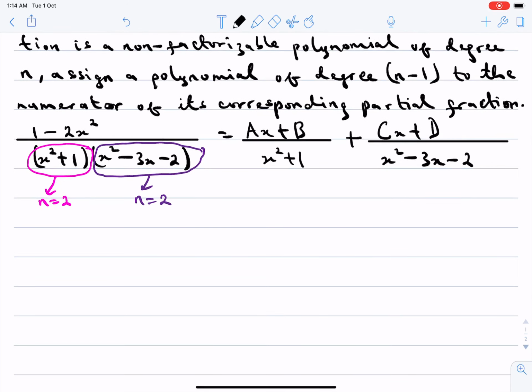And now we can begin to solve. The LCM of the denominators is x squared plus 1 times x squared minus 3x minus 2.